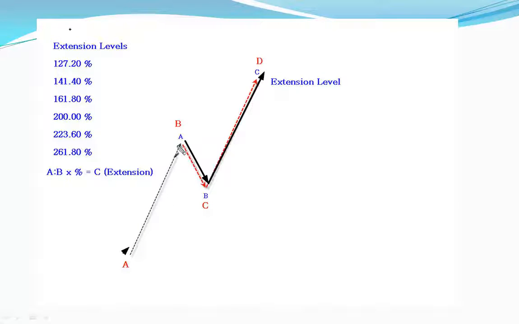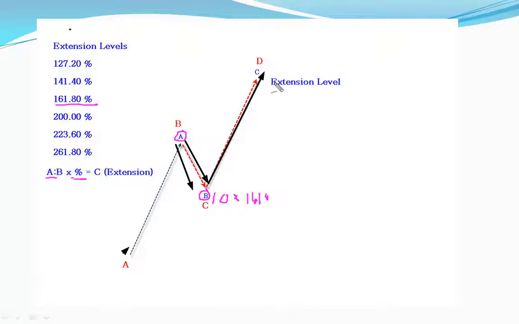And then from here to here down, let's just say this is 10 points. So an extension is A to B times, this A to B right here, A to B right there, times a percentage. So times, let's just say 1618.